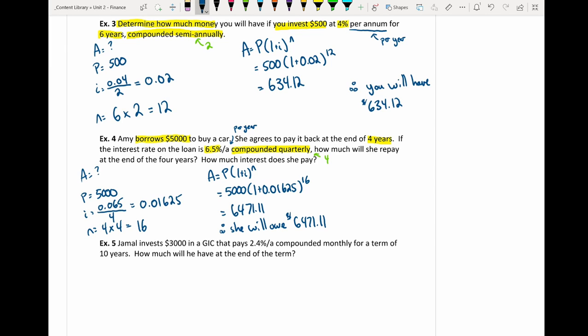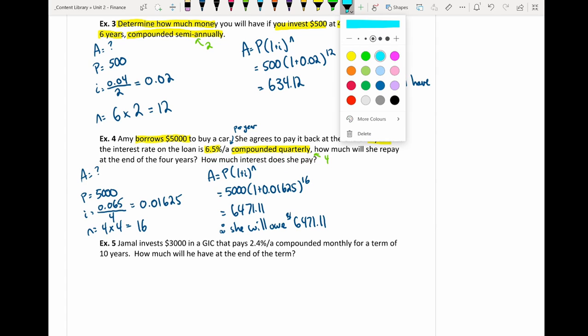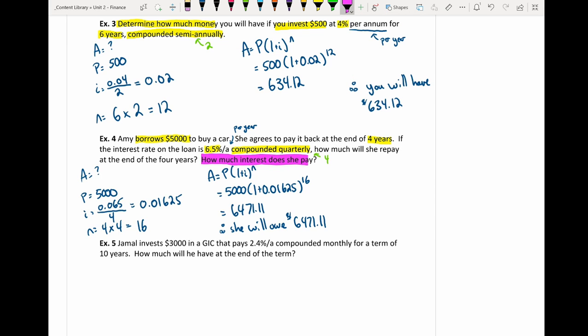If we read it carefully, the second question mentioned how much interest does she pay? Let me actually use a different color. The second question is asking how much interest does she pay? So here what we have to do is we have to kind of use our calculation.